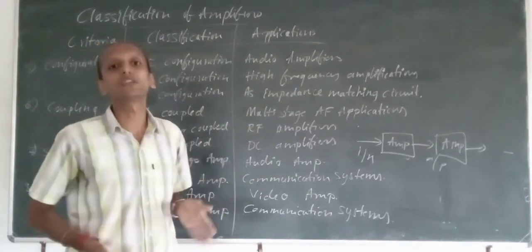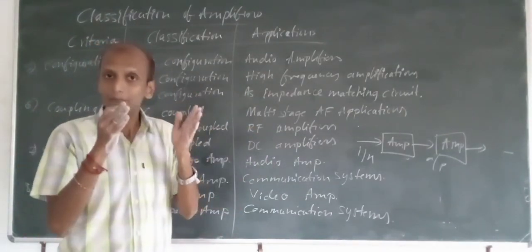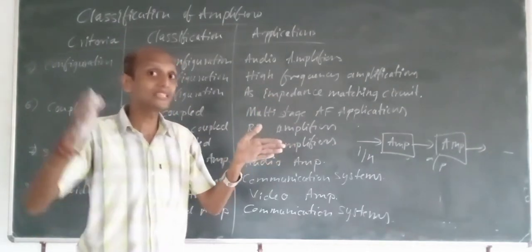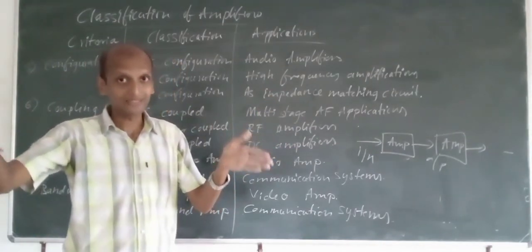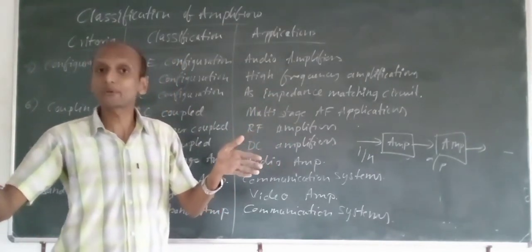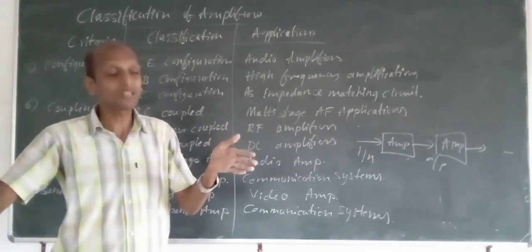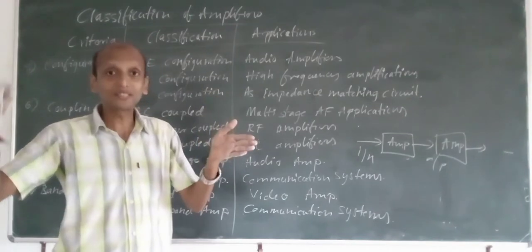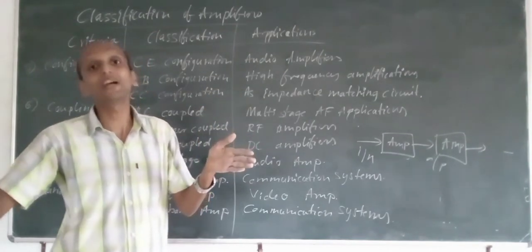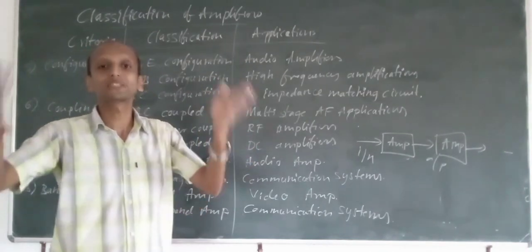If I go on a main road, it will start from this end to the other end. This much width is your main road. From this starting value to the ending value, that is called bandwidth.